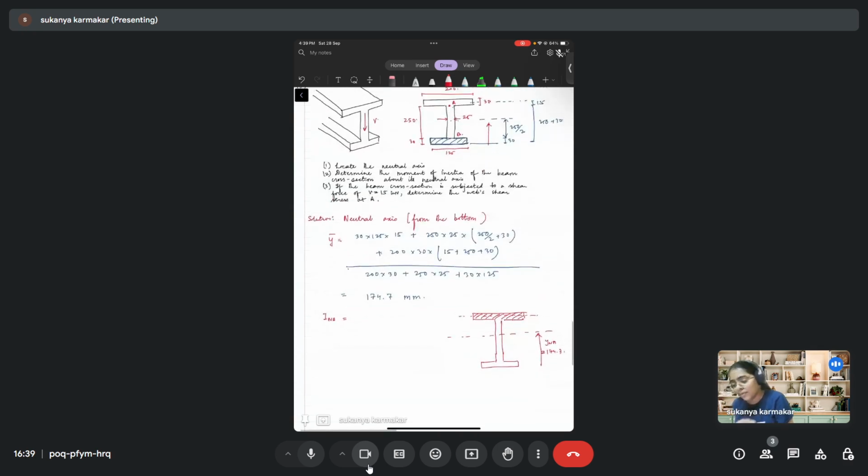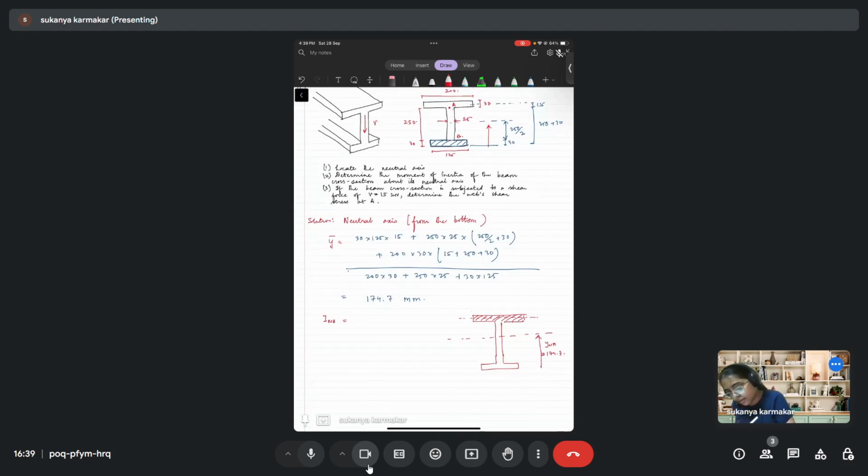So with this 200, this is 200 and this is 30. So 200 into 30 cube by 12 plus the area, which is 200 into 30 into some distance square. This is the distance between the two axes.